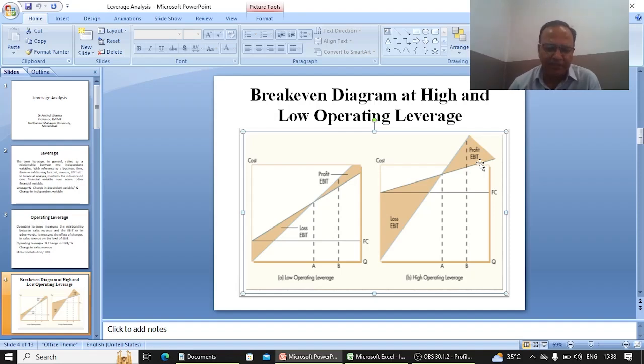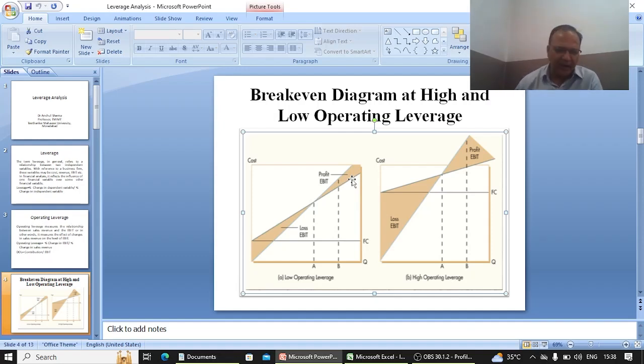But if we take the example of low operating leverage, the firm has to spend less time to recover the break-even point. But after recovering it, the margin of profit does not increase very sharply.